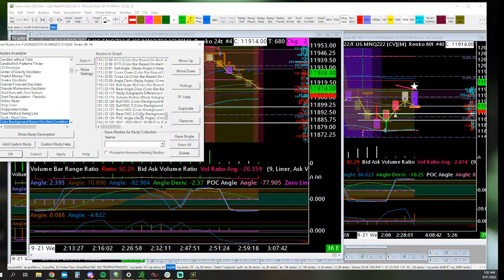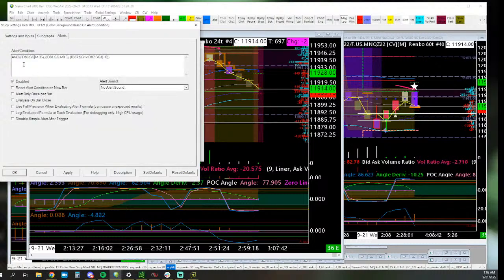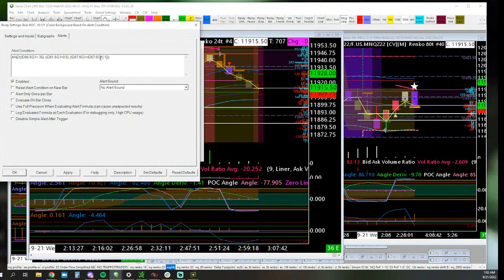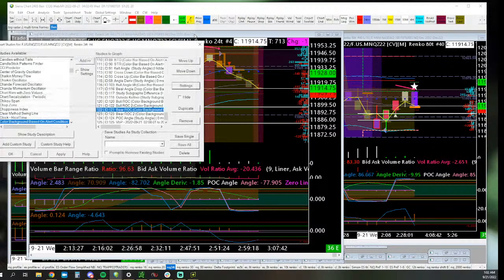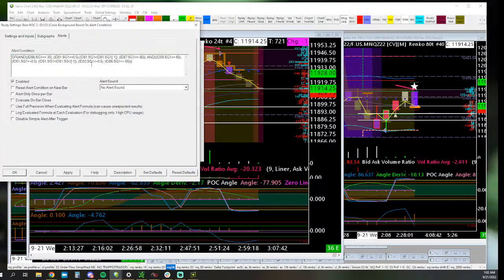So there's two of them. This is the alert condition. So when all of these happen, it alerts me, and I've added an additional one that says also tell me, with a slightly different time side, if either of these conditions occur.